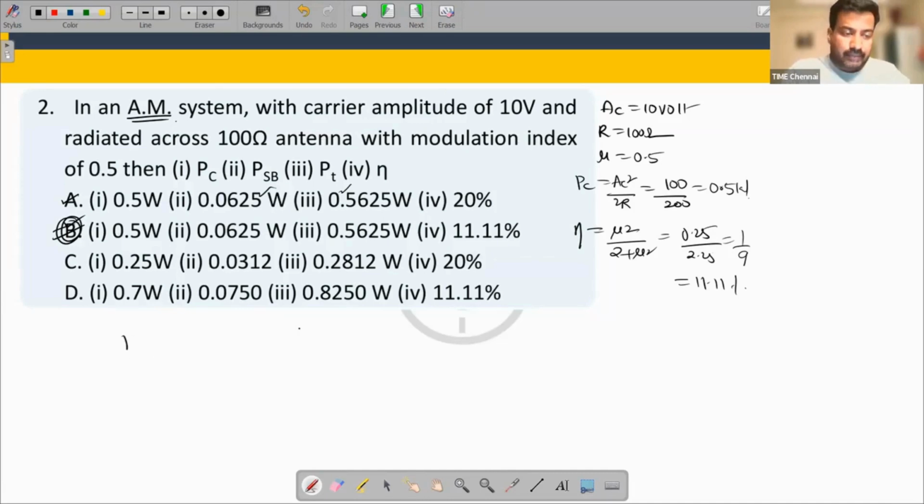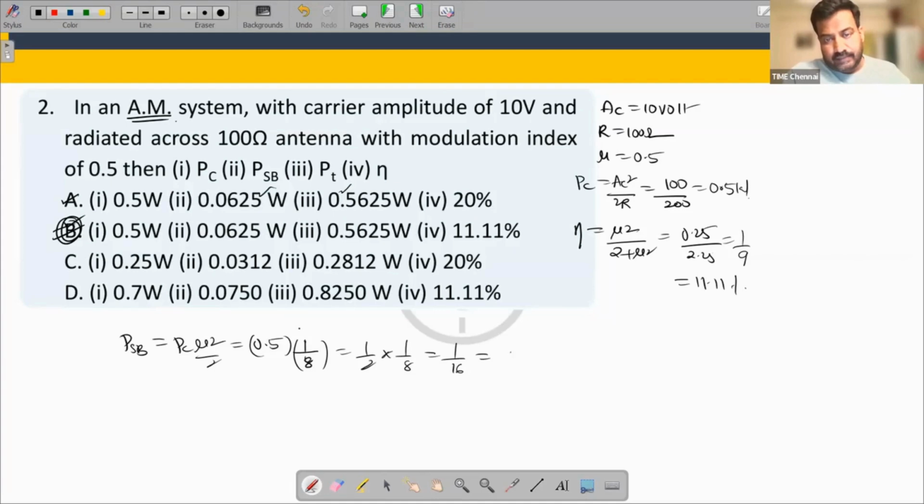But how to calculate the other? Sideband power is PC into mu square by 2. This is 0.5 into mu square by 2. Mu is 1 by 2. Mu square 1 by 4 by 2, 1 by 8. 1 by 2 into 1 by 8, 1 by 16. 0.0625.